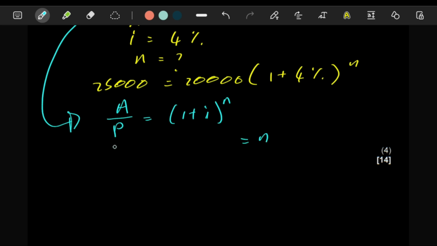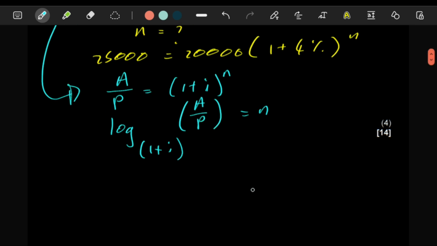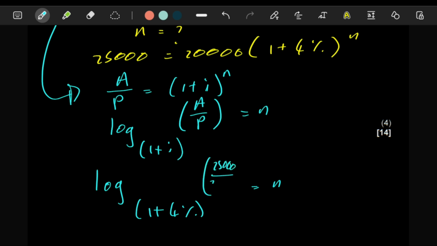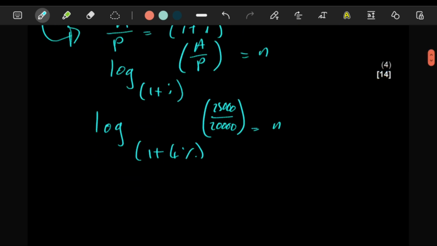I would have had log, the base of the exponent is just 1 plus i, and then the value on the other side is just A over P there, you see. And then I can just put everything in the calculator, like here, log 1 plus the interest, and then 25,000, 20,000. Now let's put all this into the calculator and see what we get.